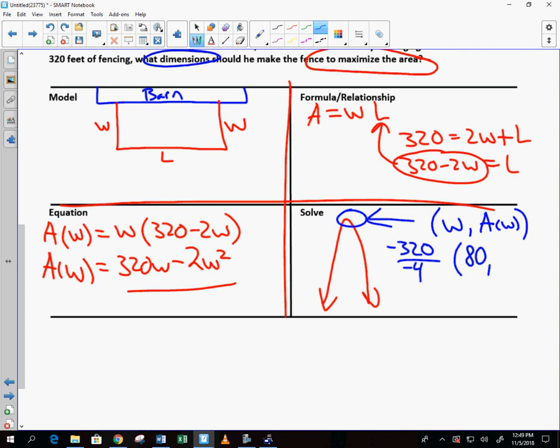I came up with the width being 80. 80 feet by, now what? Yep, plug it back in right here. 320 minus 160, 160 feet. There you got it.